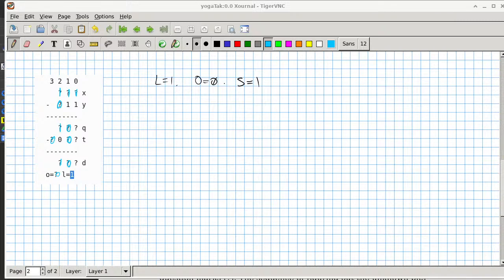And going forward, we know q is a 0, because that is the exclusive OR between x and y. But since we have t1 being a 0, we also know t0 has to be a 0, because otherwise t1 would have been a 1. 0 minus 0 ends up to be a 0. So that is how we resolve all the values, all the unknowns.